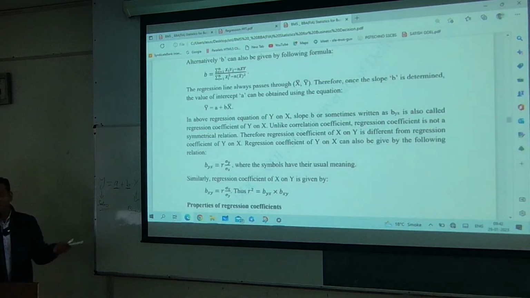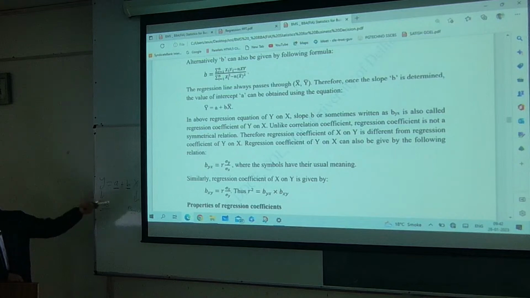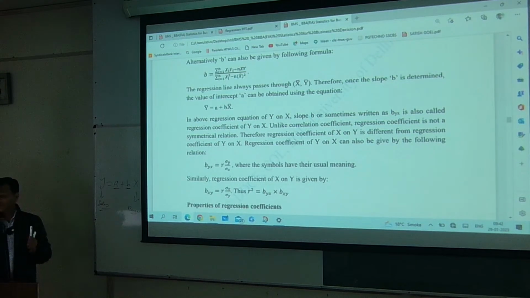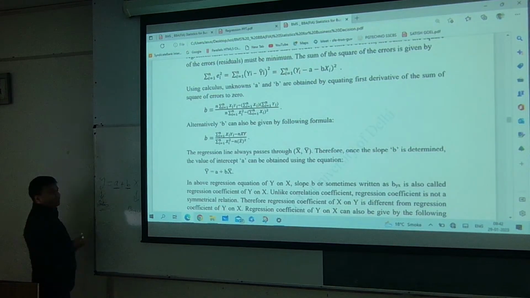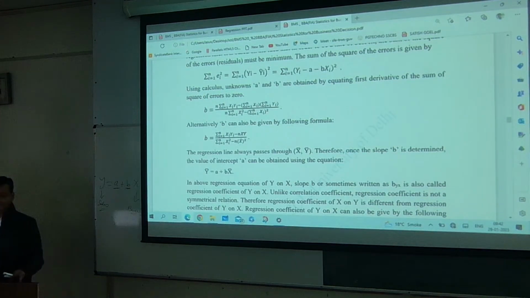Using this you can also find A, once you know B. Further, you have the formulas for your regression coefficient. This B is also called BYX. Basically, you have two types of equation. One is the, just a second.